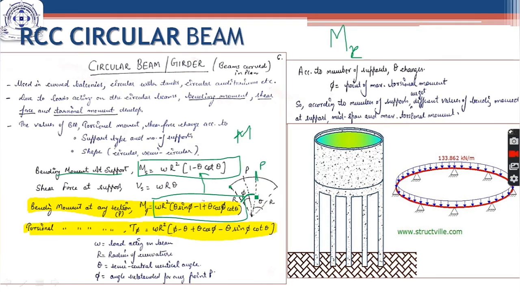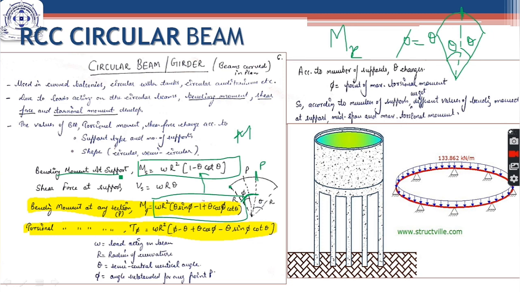So the phi here will be this total angle, and what is this total angle? This is theta. So for any circular beam, this angle is the semi-vertical angle, this is also theta and this is also theta. Whole of the angle is 2 theta. So here if we are calculating the moment at this point, then phi will become equal to theta.